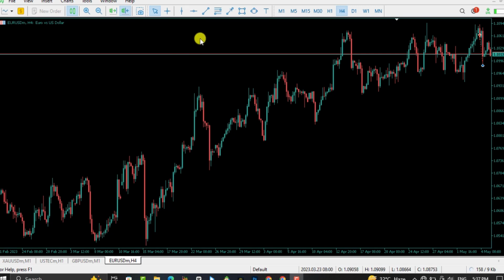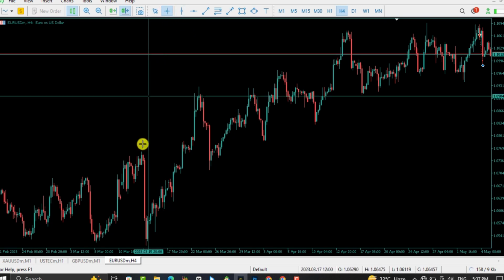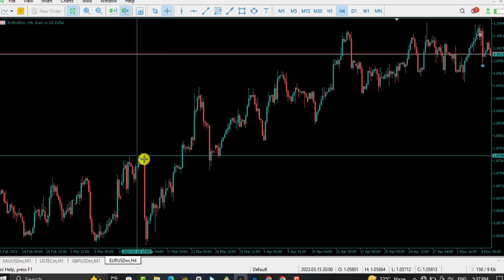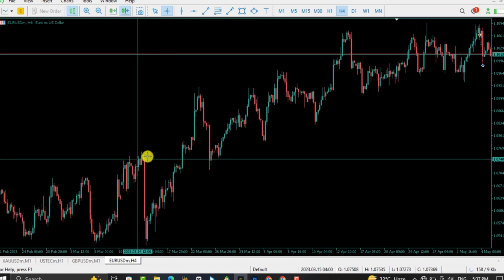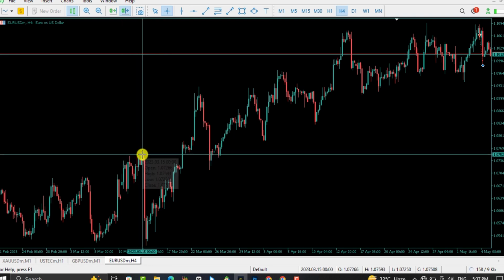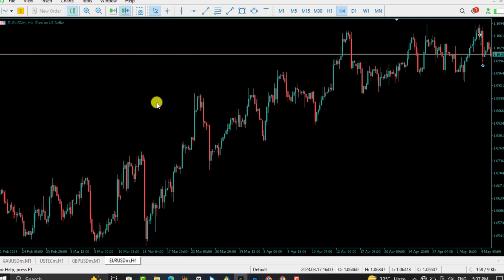This over here was a structure that was formed. After this structure got formed, price then broke above it. Now we can perfectly call this place our break of structure, our BOS.